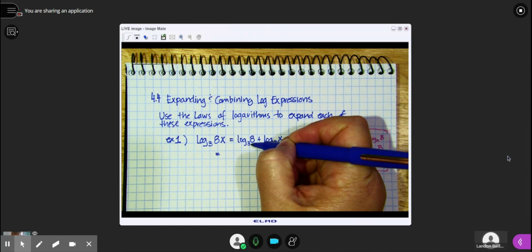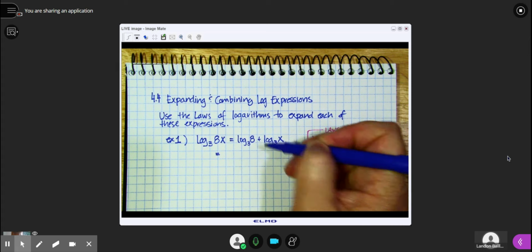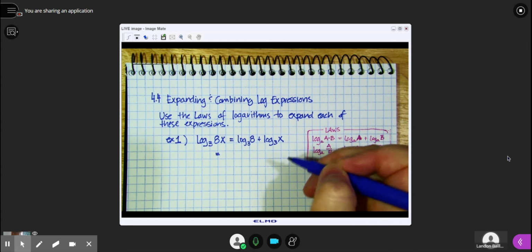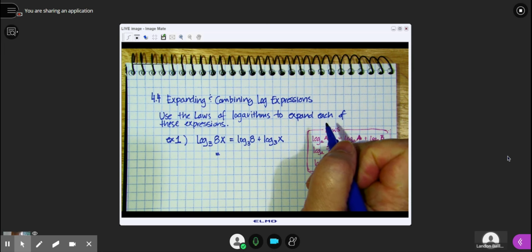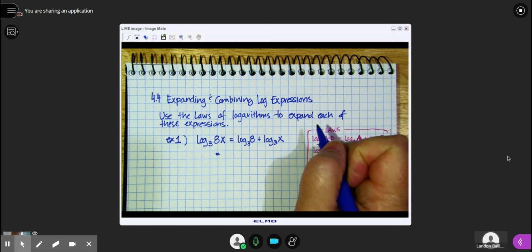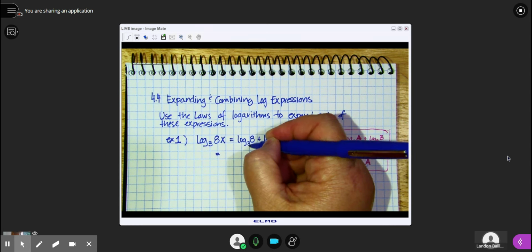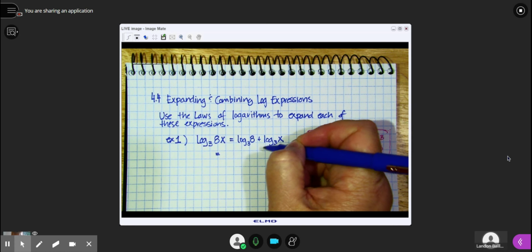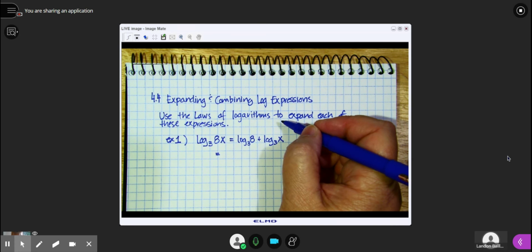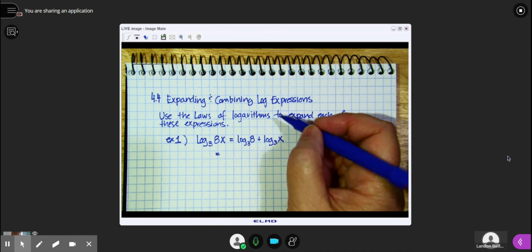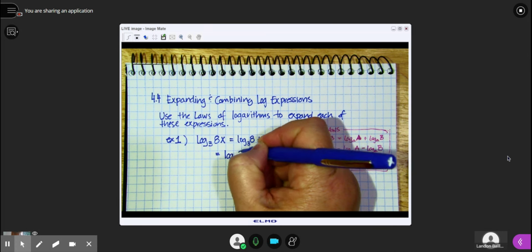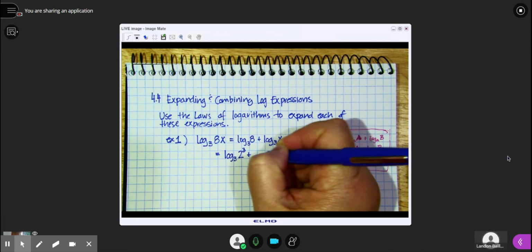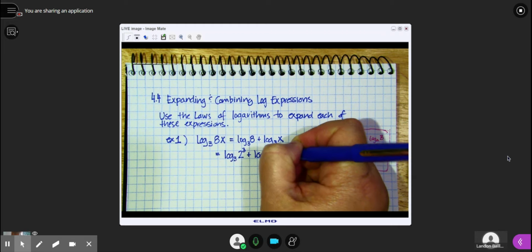That being said, can you rewrite 8 as a base and a power? What's another way that you could write 8 using a base and a power? That's exactly what I'm getting to, 2 cubed. So I could take log base 3 of 2 cubed plus log base 3 of x.